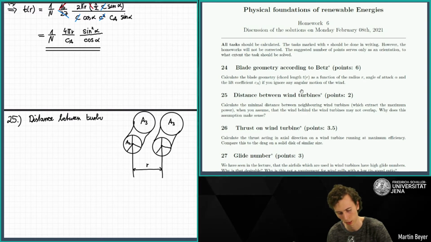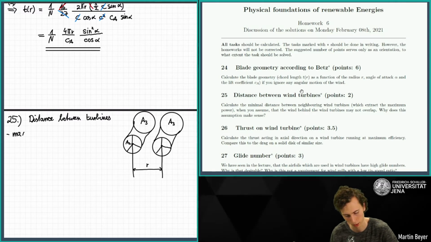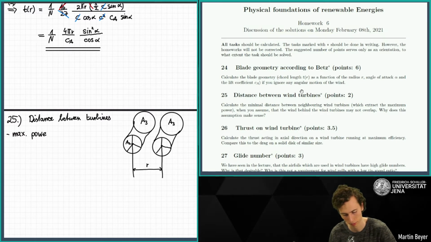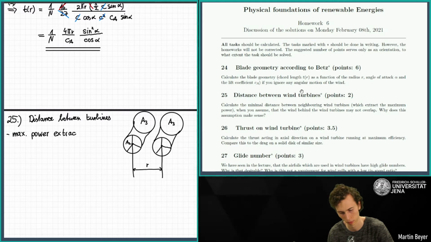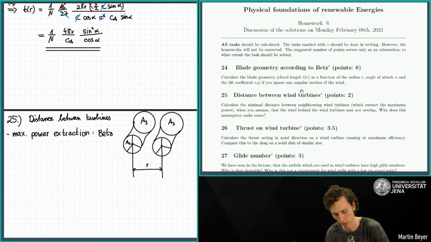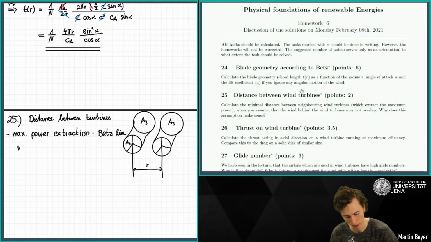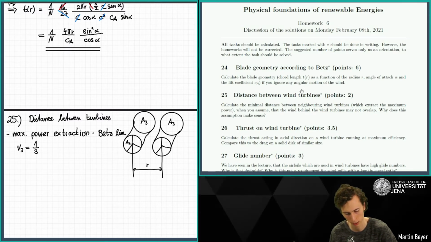So maybe we have a distance between wind turbines was the title. Okay, and we assume maximum power extraction, which implies the Betz limit. Yes, so the Betz limit says that the velocity v3 is 1/3 of the velocity v1.